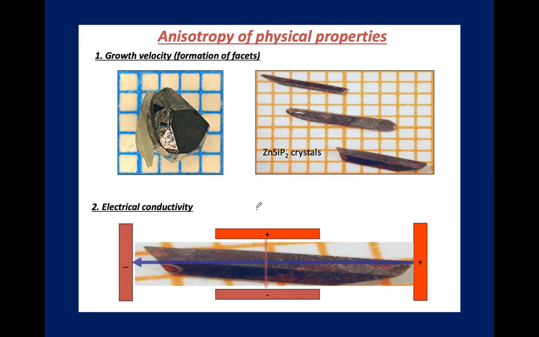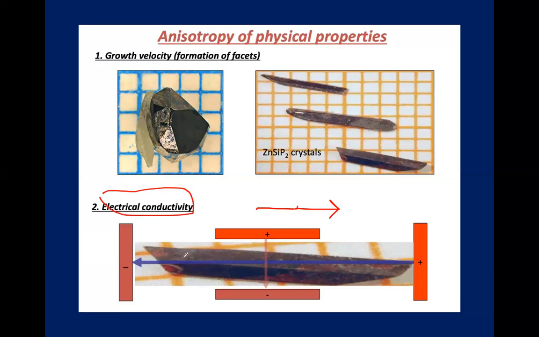Not all, but some physical properties can change along the axis direction. For example, in the x direction, physical properties are different in some cases. For example, conductivity. Electrical conductivity is different along the direction, right?